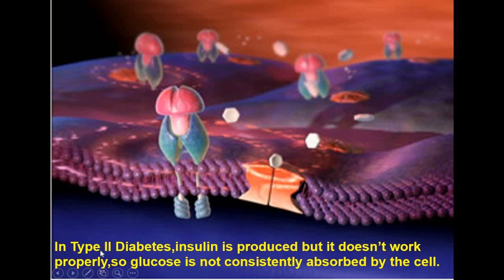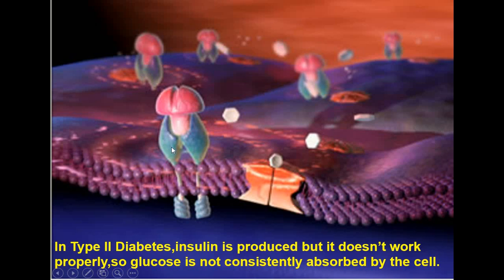The second condition is referred to as type 2 diabetes, that is non-insulin dependent diabetes mellitus. Here you can see that insulin is there, but once insulin is bound to the receptor, either there is a defect in insulin or there is a defect in activation of this receptor, which is more common, right?